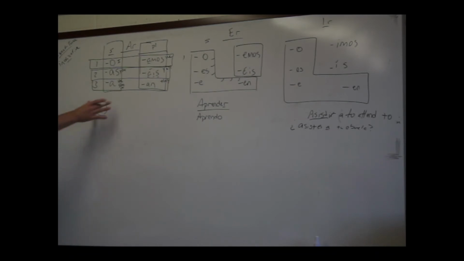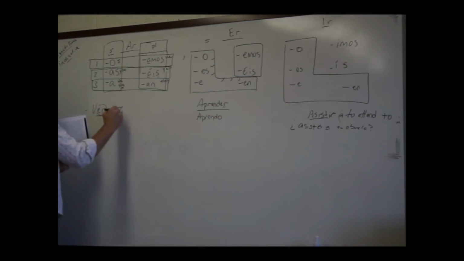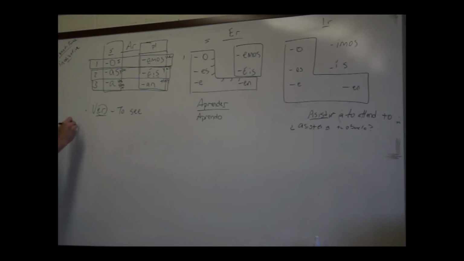So technically the root would just be a V. And that's not really possible because there's no vowel, right? There's no way to tell what kind of word this is. It's just a letter. So that's part of what makes it irregular. So ver is the word to see. And the conjugations are there for you.